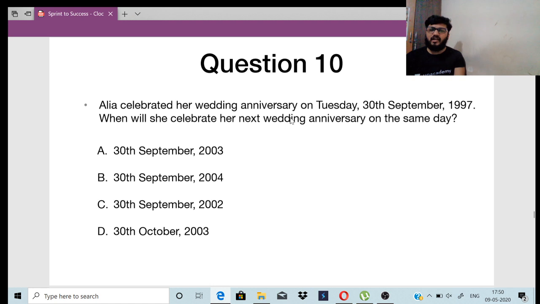Alia celebrated her wedding anniversary on Tuesday, 30th of September 1997. When will she celebrate her next wedding anniversary on the same day?